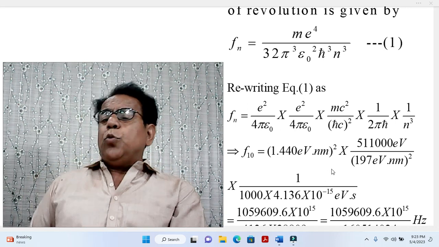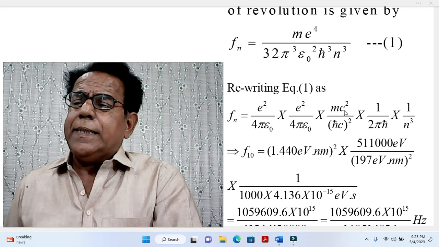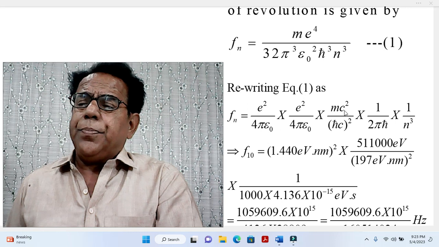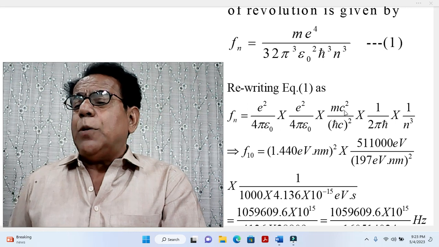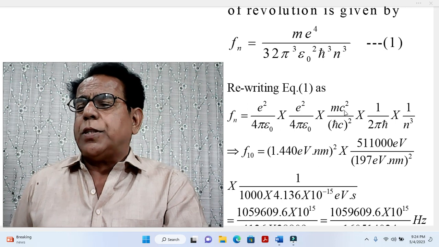So we are adopting this technique in order to bring our problem into a systematic approach, a systematic method.